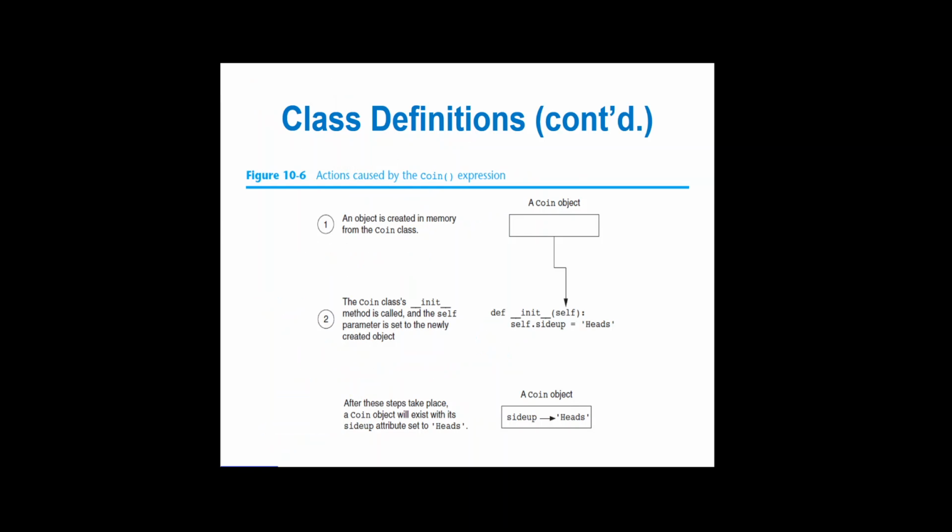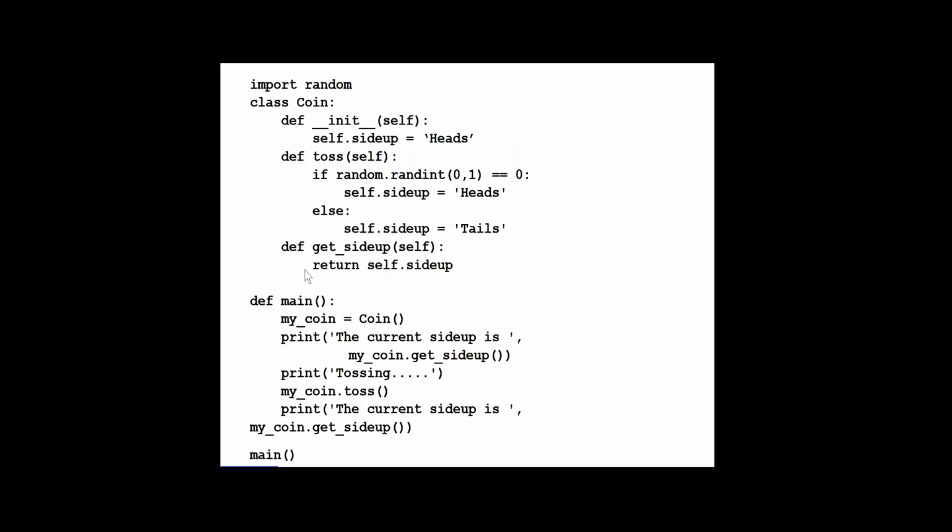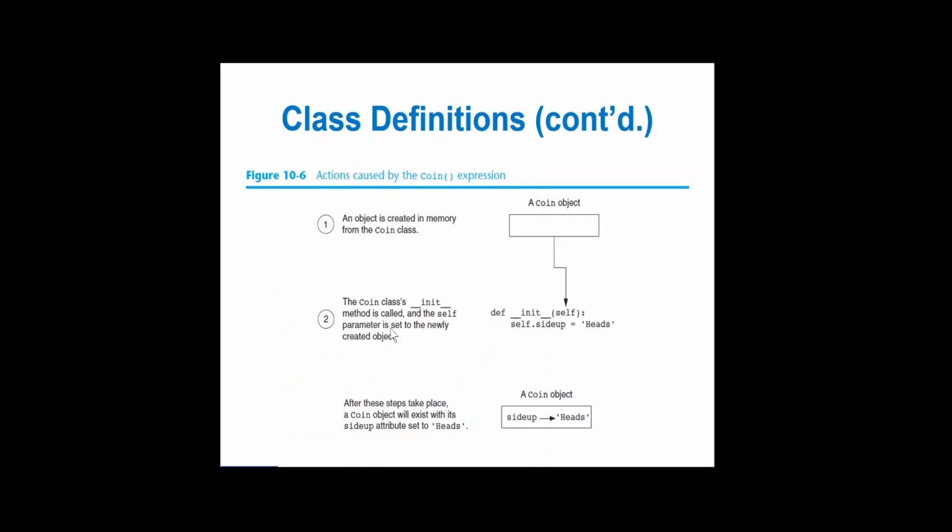Okay, now let's have a closer look. Here we speak about the coin. This is an object, and once we instantiate an object out of it, what happens? A reference will be automatically created. We don't do it, it's automatically created and assigned to self, and then we can have all the access we need inside the methods of the class.